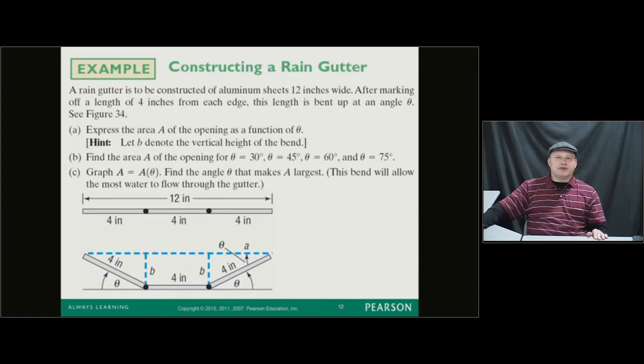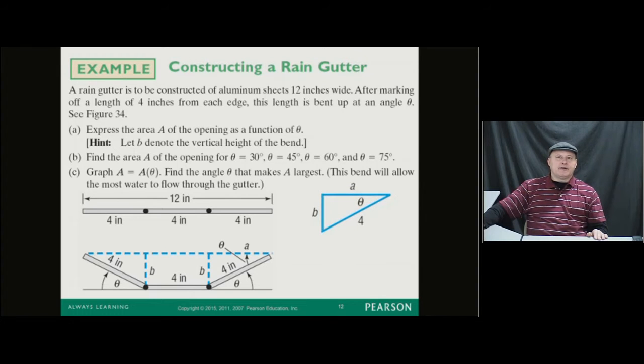And then the two triangles on the side. The area of a triangle is 1/2 base times height. These triangles are on their side, so the base is still B, and the height of each individual little triangle is A. So it's 1/2 AB, but there are two of them, one on each corner.